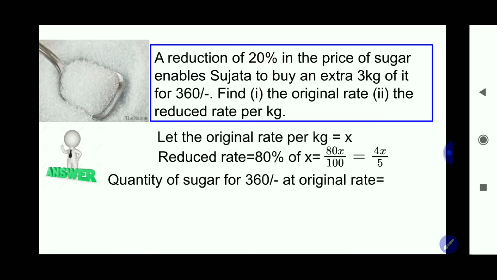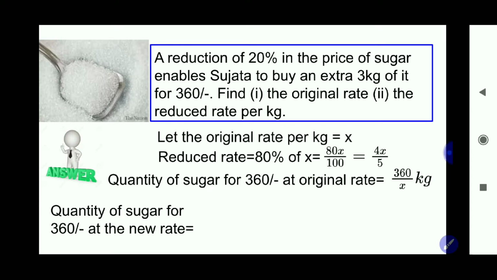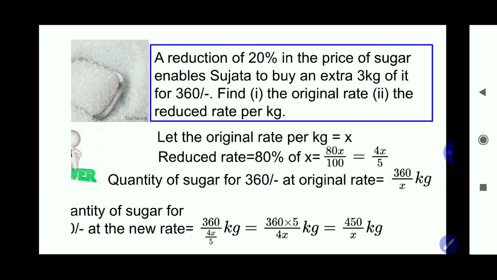Now, quantity of sugar for 360 rupees at original rate is 360 by x kgs, and quantity of sugar for 360 rupees at the new rate is 360 by 4x by 5. It becomes 450 by x kgs.